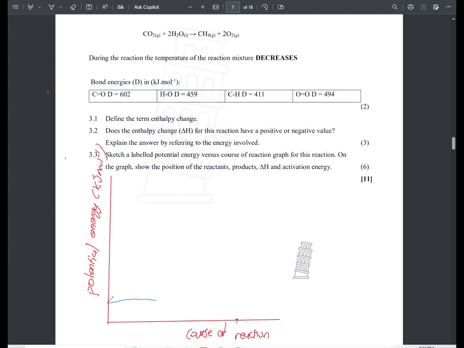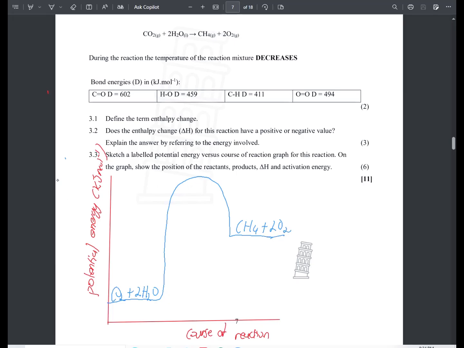Remember, it's an endothermic reaction. If it's an endothermic reaction, then it goes like that. So these are your reactants, carbon dioxide plus 2H2O. And then here you have your product, CH4 plus 2O2. Right.